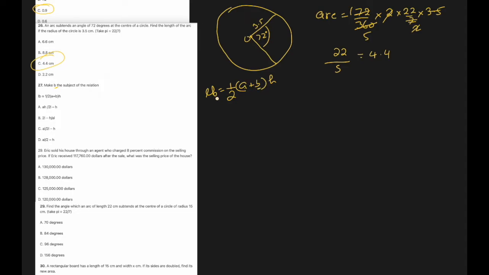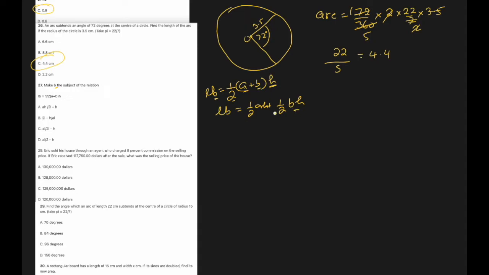There is a B here, and a B here. We have to combine these B's. So LB remains LB for the time being. We open this bracket: half AH, A and H multiplied by half, plus half BH.